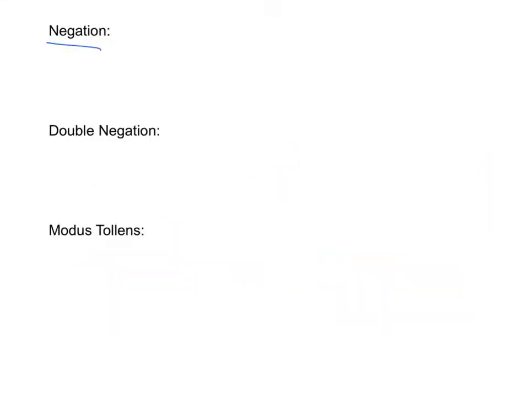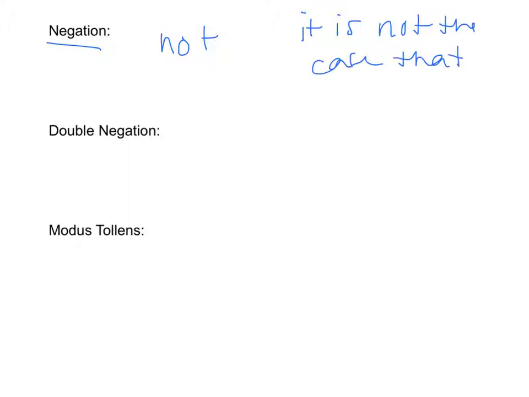So a negation is made by placing the word not in the sentence appropriately, or by preceding the sentence with the phrase, it is not the case that. And then the symbolic translation is going to be, so if you have P and you negate P, the negation is going to be not P, creatively. And then a double negation is going to express the negation of a sentence that already contains a negation.